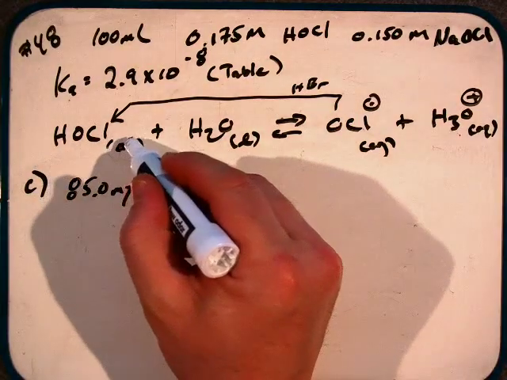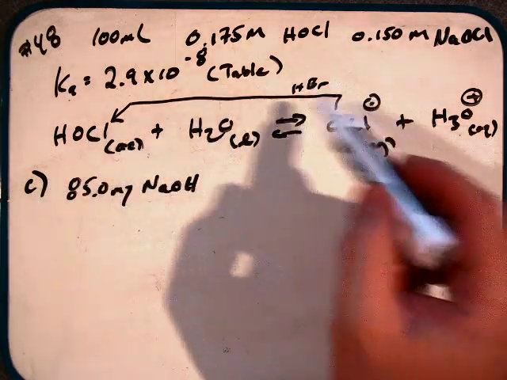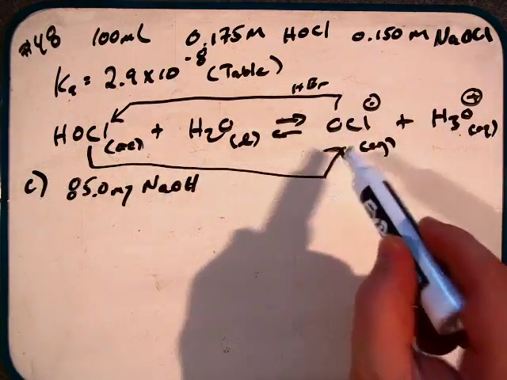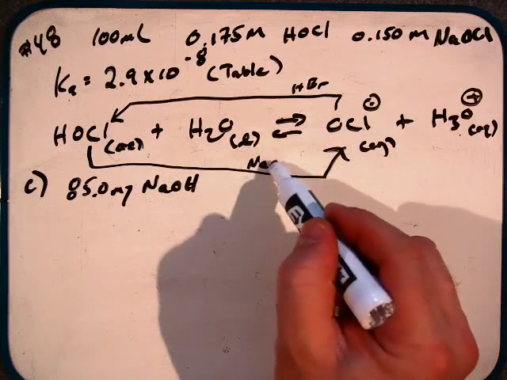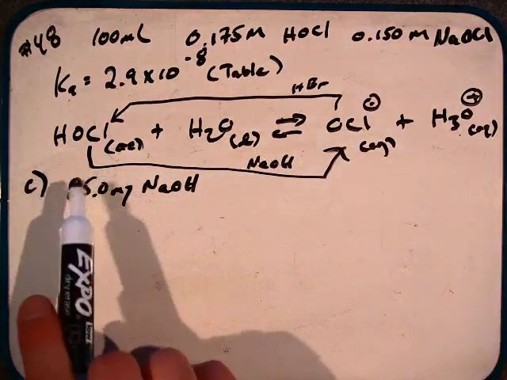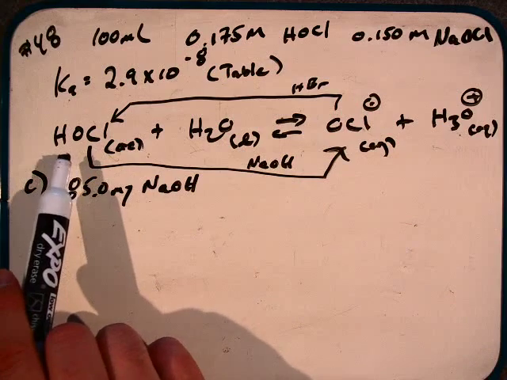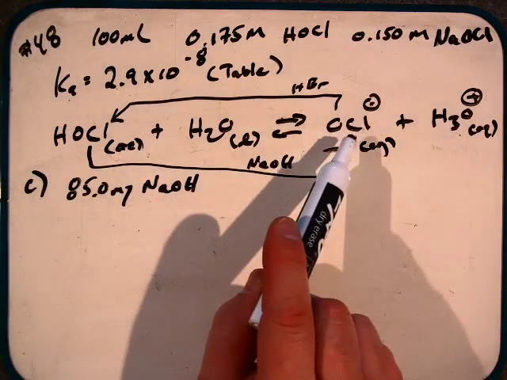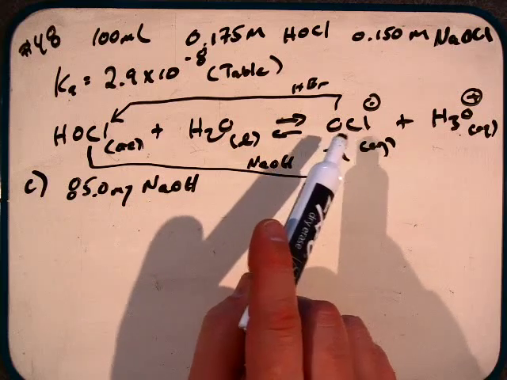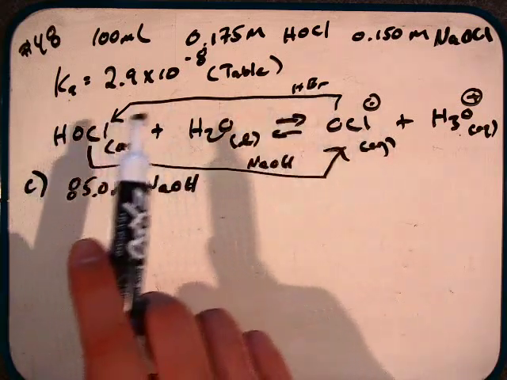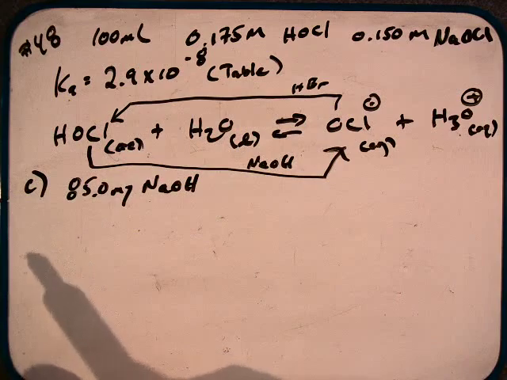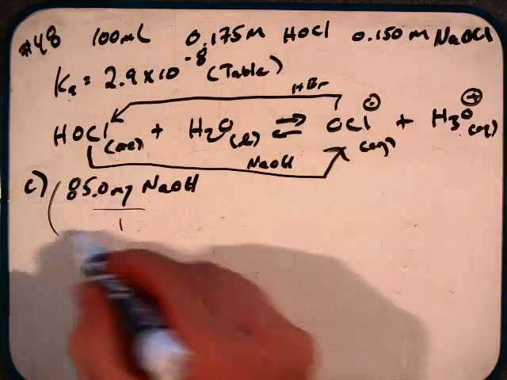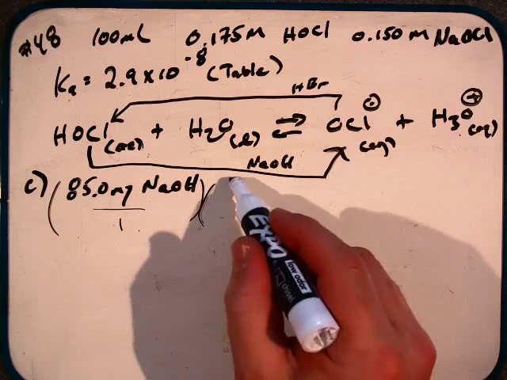And so now, instead of what we had in part B, we have the opposite process. The sodium hydroxide is going to react with the parent acid and convert it into the conjugate base. So the exact opposite to what we saw in part B. But the steps are the same, meaning that we need to get this value into moles.